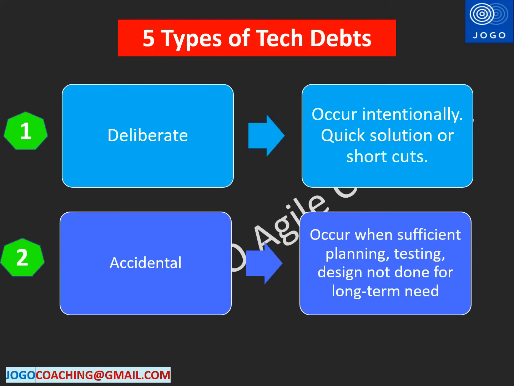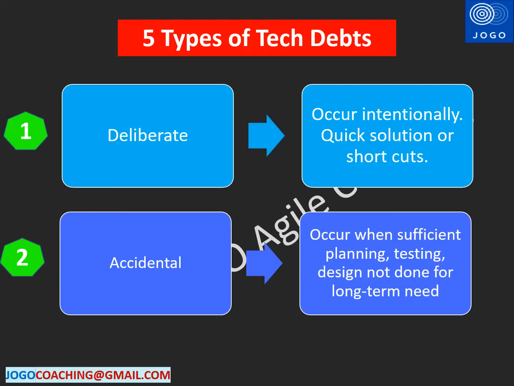Now let's understand the types of technical debt with a few examples. Technical debts are categorized into 5 types. Let's understand each type now. The type 1 is deliberate technical debt. This technical debt occurs intentionally because the team wants to meet a deadline or deliver a feature quicker with shortcuts.